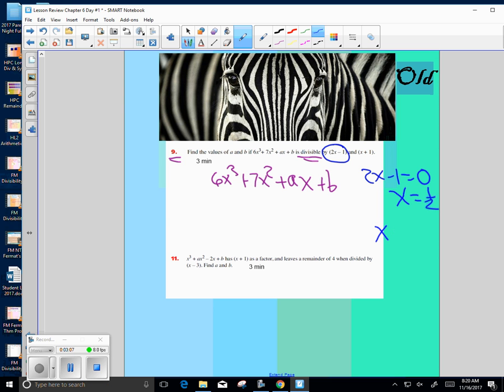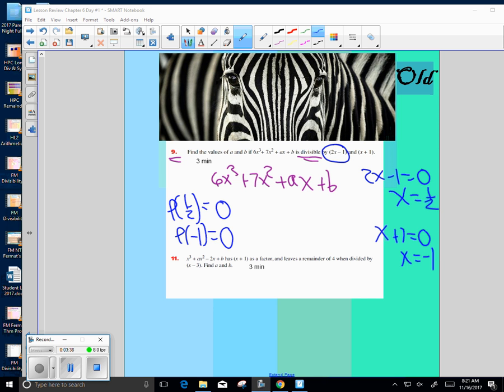And this factor, x plus 1, is going to be the root negative 1. So then you look at p of 1/2, and if it's divisible, what should it be equal to at the end? Divisible, 0. And you put in a negative 1, you're going to get 0 again. You'll get 2 equations, 2 unknowns, and you'll be good to go for that.